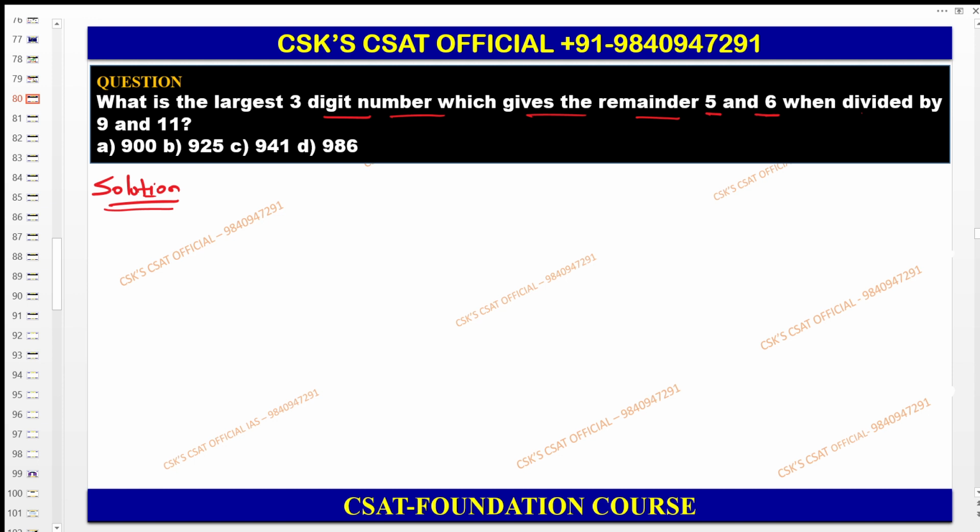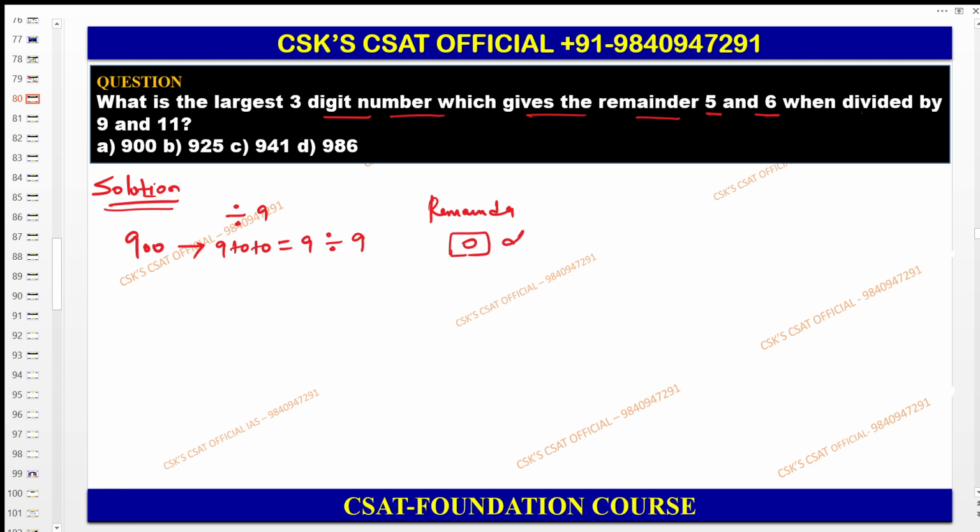Now listen carefully, I am taking the A option here. First of all, I'm checking the divisibility by 9. So 9 plus 0 plus 0 is equal to 9. 9 when divided by 9, listen very carefully, the remainder is 0, but we need the remainder as 5. So you can eliminate that option itself.